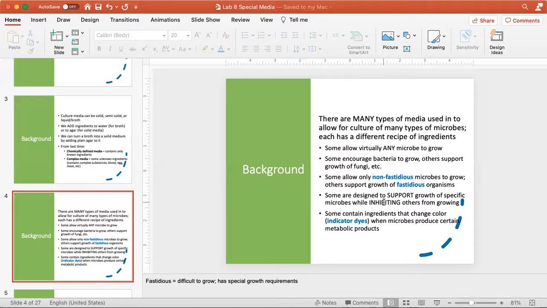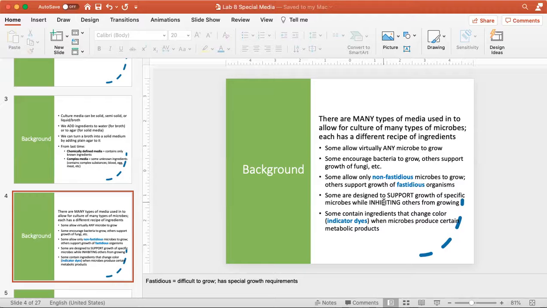It has the nutrients that the fungi need, but it also has a low pH. It has an acidic pH, and bacteria don't like that. So Sabouraud is an example of one of these special kinds of media because we've done something very specific to allow one type of microbe to grow while inhibiting another type of microbe.